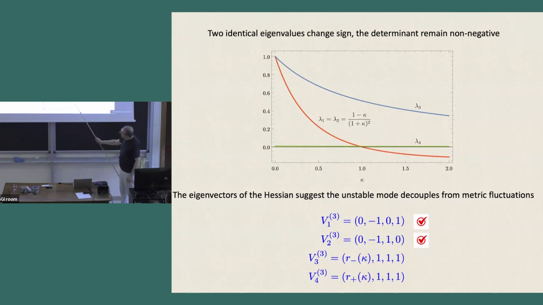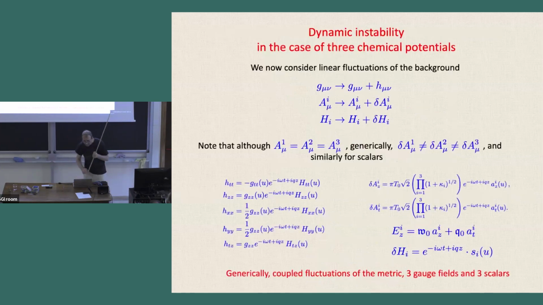This means that these unstable modes actually decouple from gravity fluctuations, which is a huge relief because gravity fluctuation equations are very messy. So what you have here is a set of modes with -1 and 1 and -1 and -1. You can rearrange your equations of motion in such a way that only these modes are analyzed.